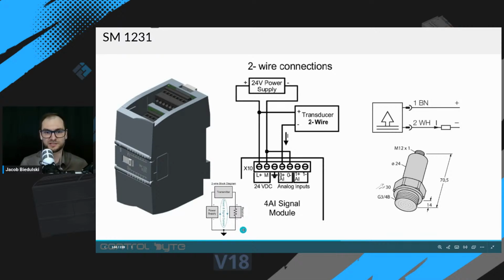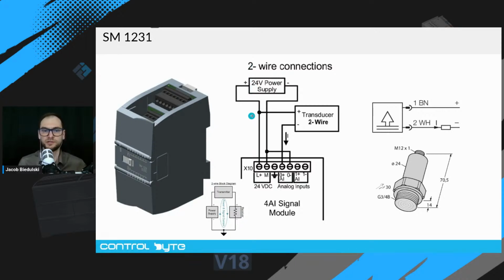I think I'm not able, but you should see that here we have the power supply, the transmitter, the receiver, which is the analog module, and this circuit has also a common grounding point. In two-wire connection, there will also be some interference between the power supply signal, the power supply voltage, the quality of the voltage for the power supply section, and the sensor.